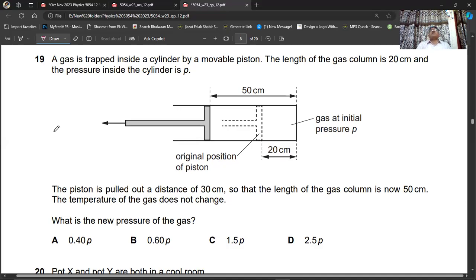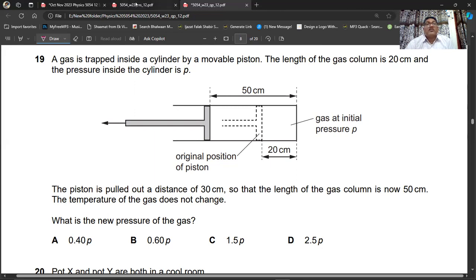Basic formula: the volume of the cylinder is the cross-sectional area multiplied by length. Because the temperature is constant, we can apply the formula P1 V1 equals P2 V2.